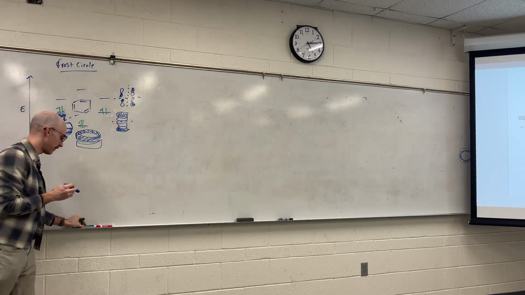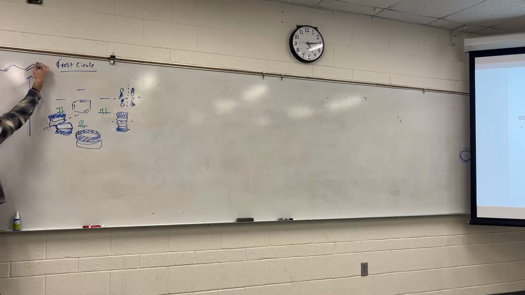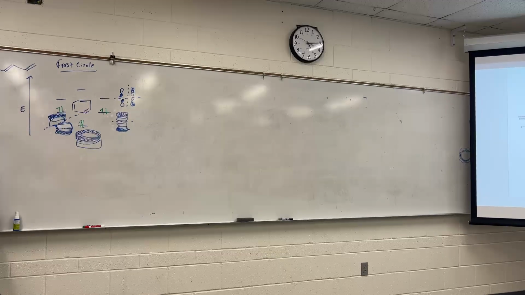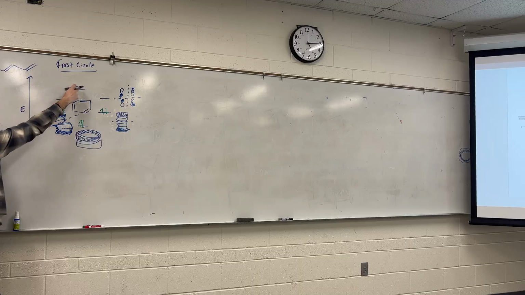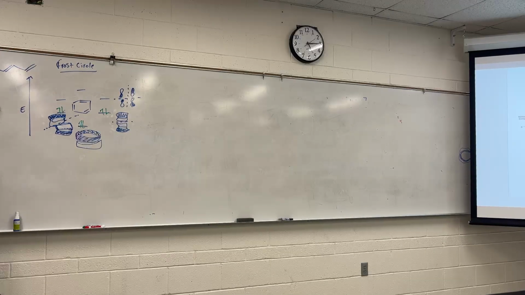For comparison, if we were drawing the pi molecular orbital for hexatriene, a 6-carbon chain with 3 conjugated pi bonds, we would also get 6 molecular orbitals, but they would be 3 that are lower in energy, 3 that are higher in energy, and they'd all be stacked.